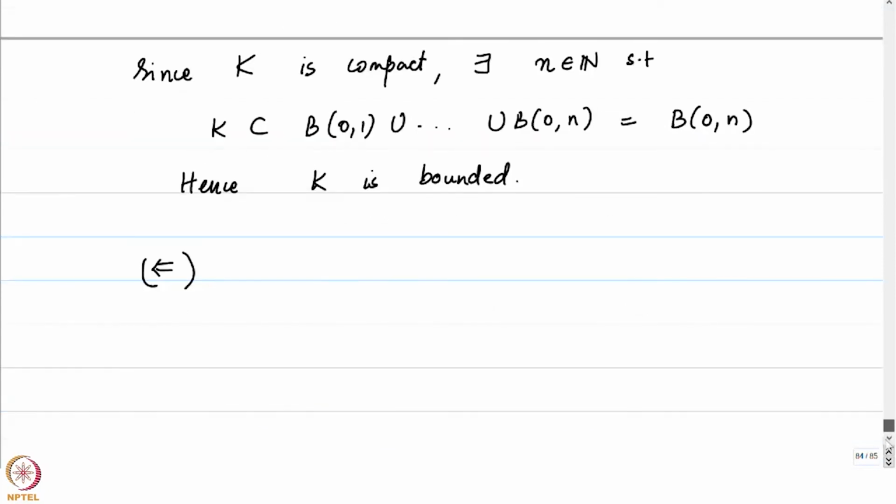Now let's assume that K is both bounded and closed. Assume that K is closed and bounded.